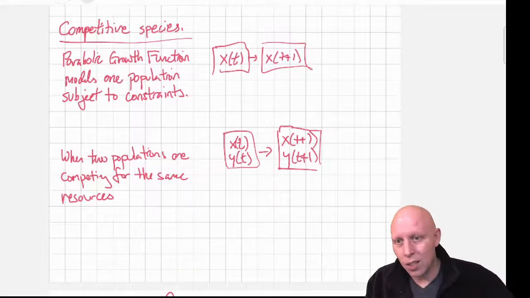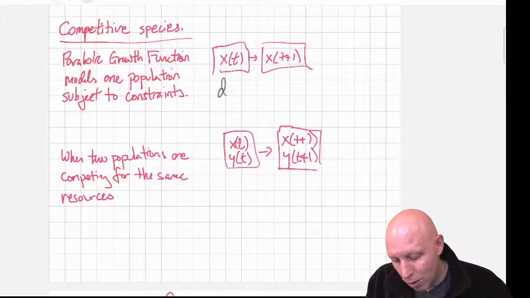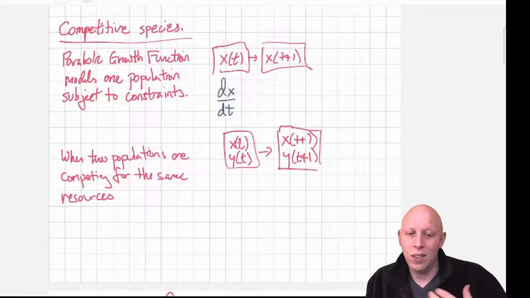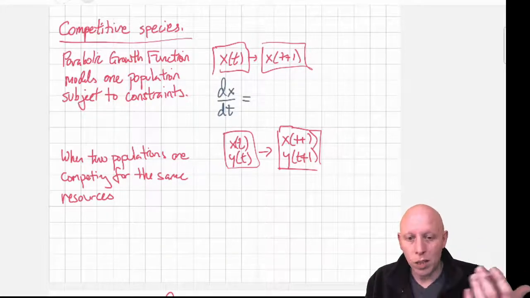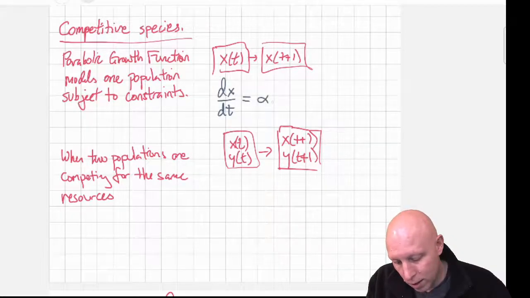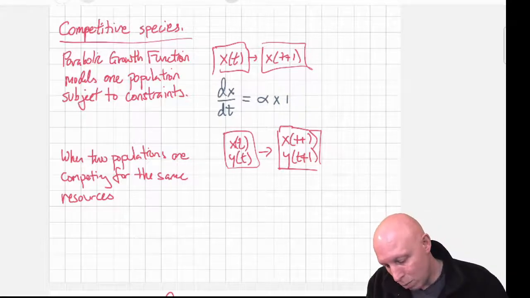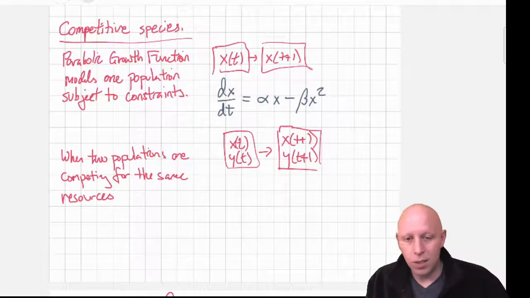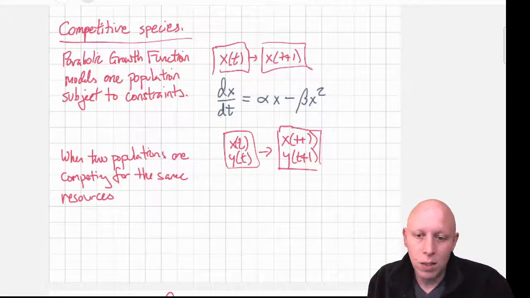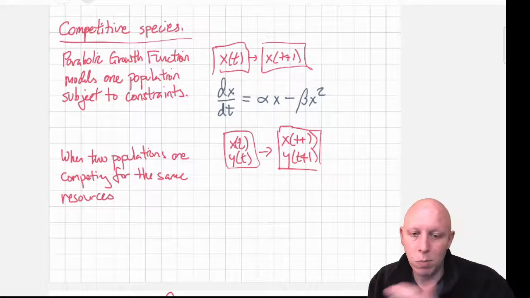So this idea that if there's only so much lettuce to go around, then if we're writing down a differential equation for calculating how many bunnies there are going to be, we got this parabolic growth function: alpha x plus beta, minus beta x squared. And so there's some carrying capacity to this population.